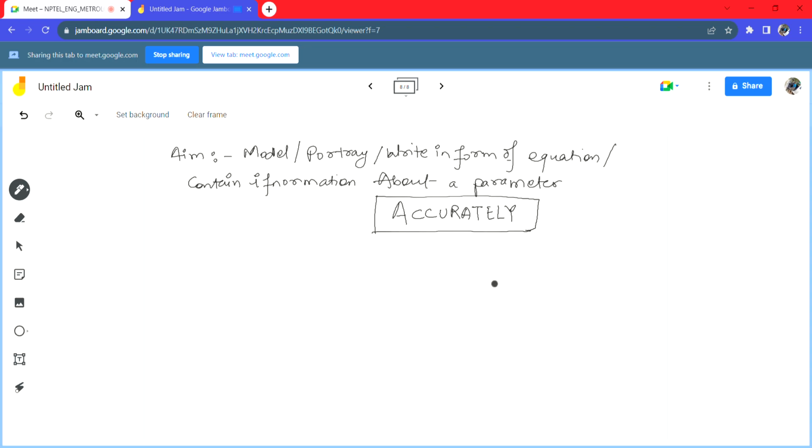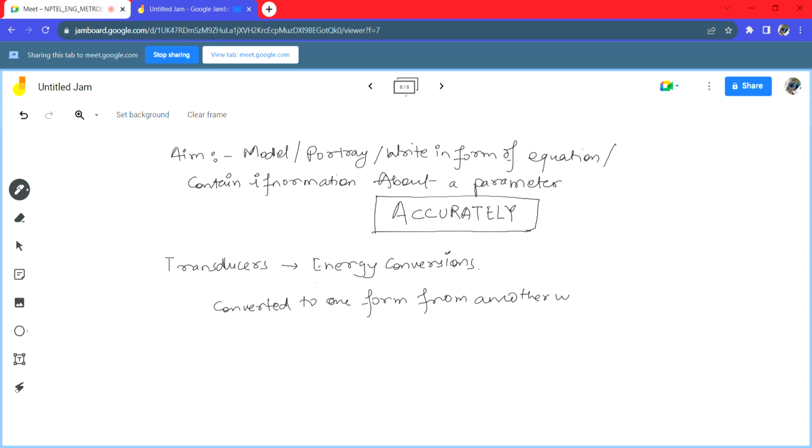And since we have seen that all these transducers are typically doing energy conversions, and from the universal law of energy conservation we know that energy is neither created nor destroyed, but it is converted from one form to another with subsequent losses.